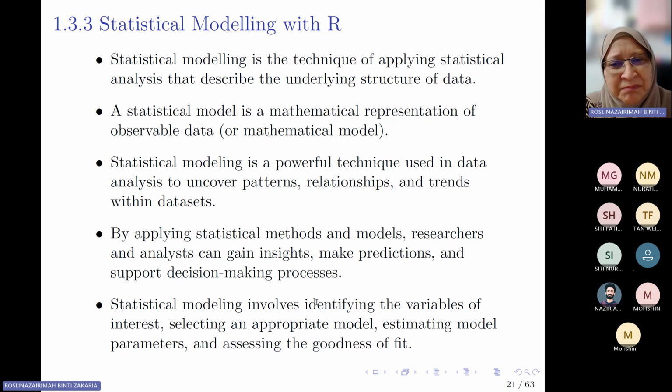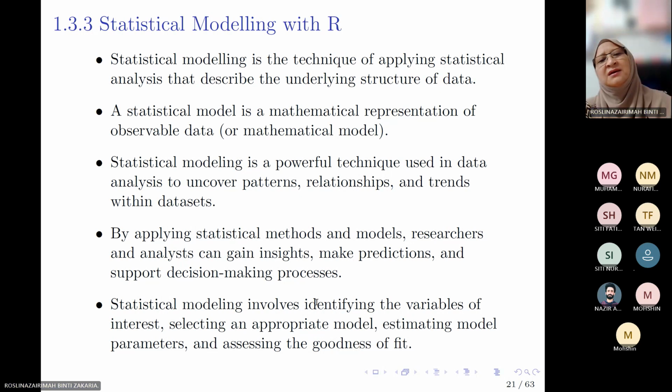So statistical modeling is a powerful technique used in data analysis to uncover patterns, relationships, and trends within data sets. Whenever you have data, try to use statistics to observe the pattern, the relationship, the trend.